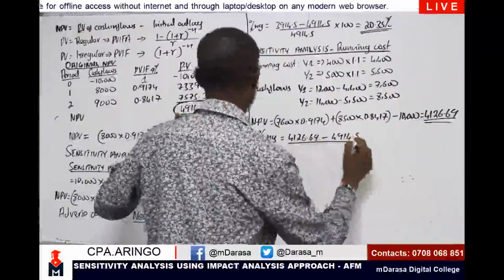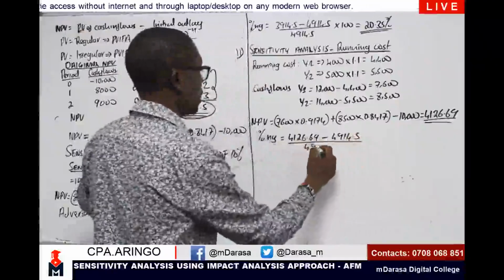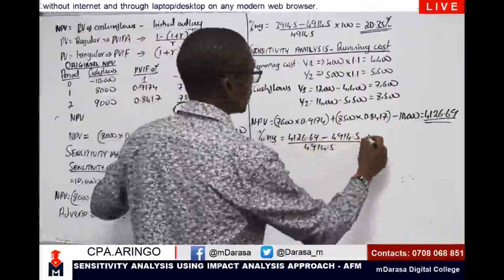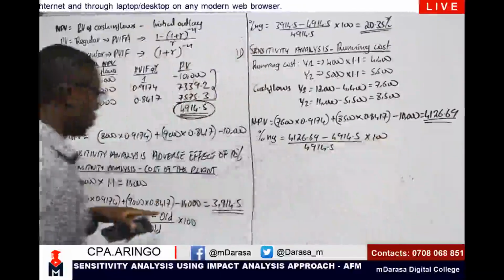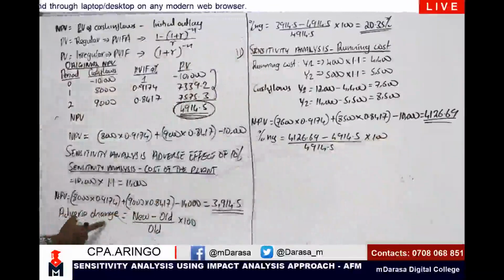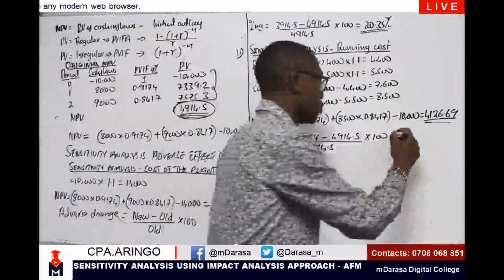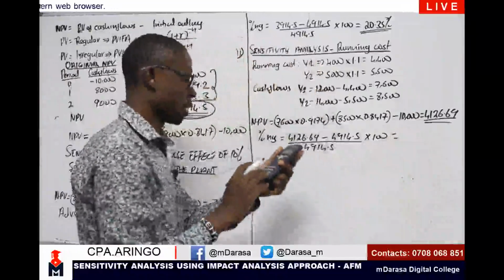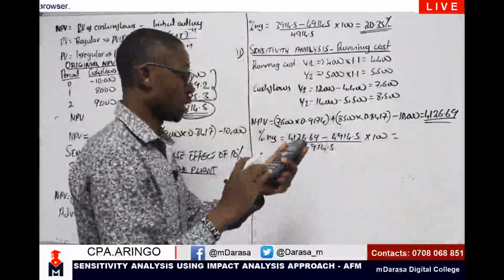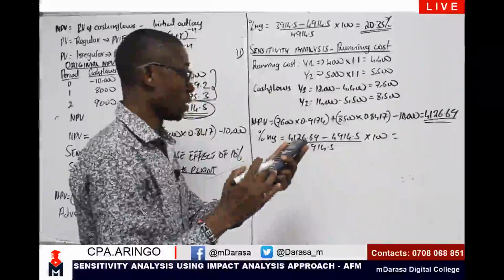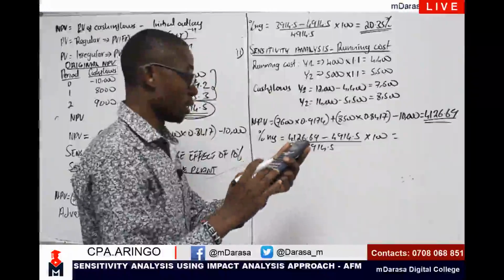We divide by our old 4,914.5 times 100. You see what I told you here? Adverse change, new NPV minus old NPV divided by old, right? So that should give us 16.03%.